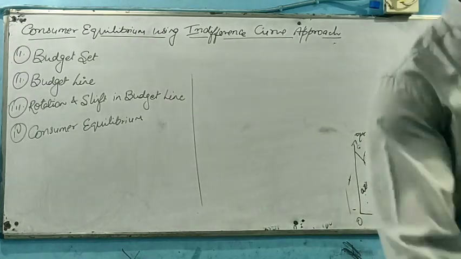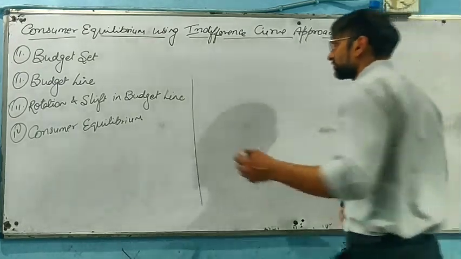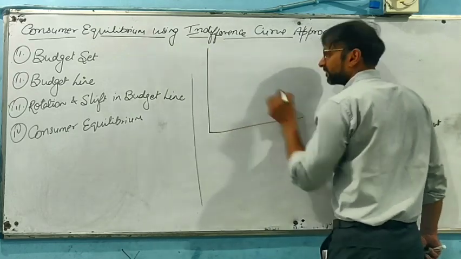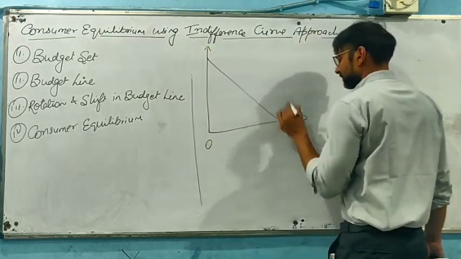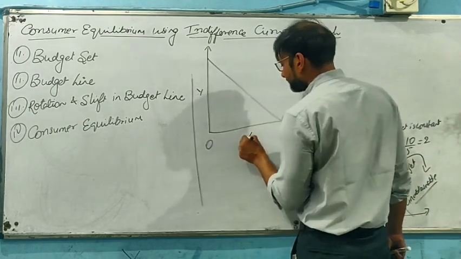If we are talking about rotation, say first of all we say this is the budget line. Slope of budget line is constant as we talked about.